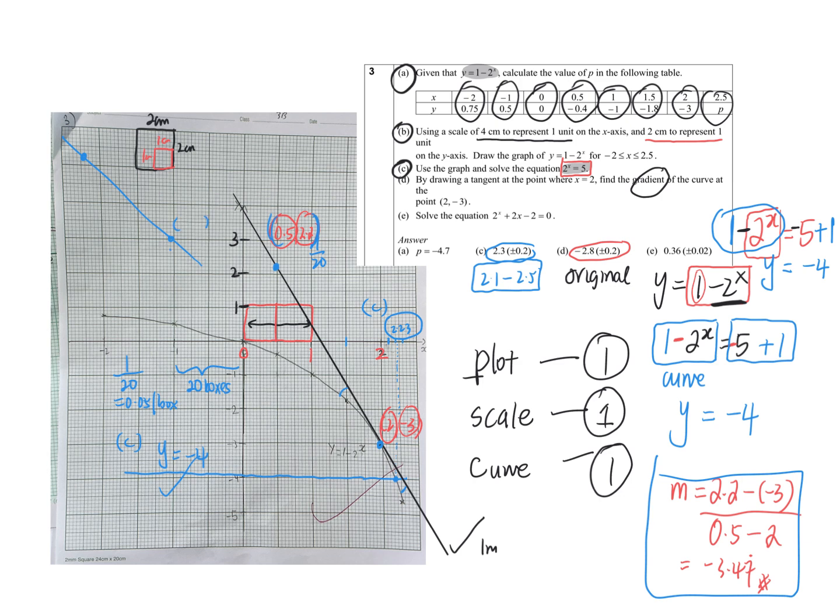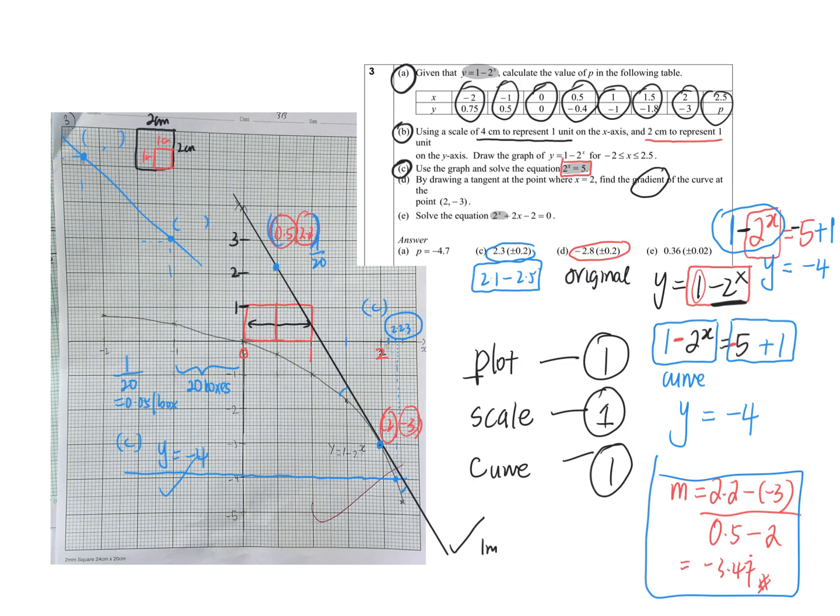Then read the x and the y coordinate. Then calculate the gradient, using y2 minus y1 over x2 minus x1. This formula, then you can get the gradient. So today when you go back home, you go through it slowly and see whether you can draw a better one. Okay, the last part is usually the toughest one.